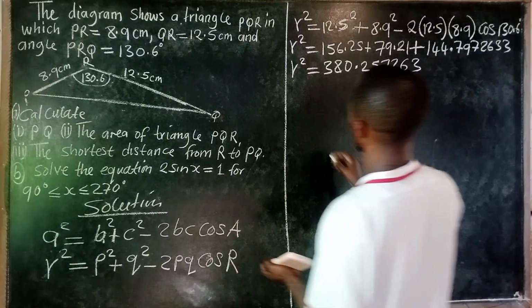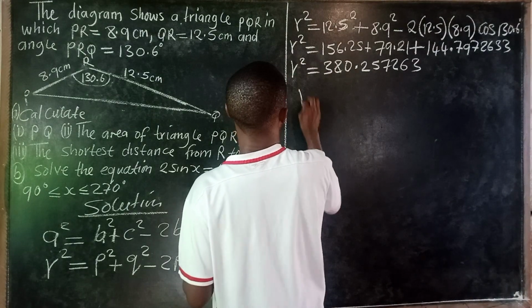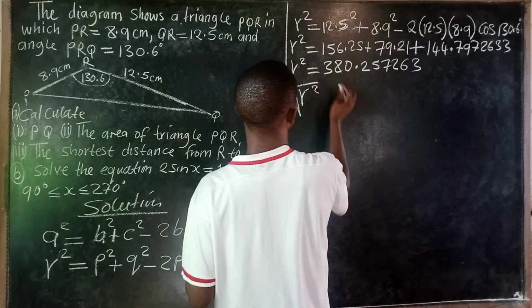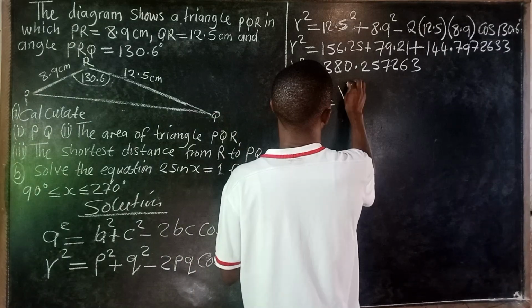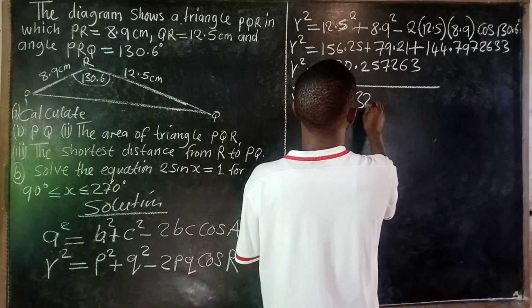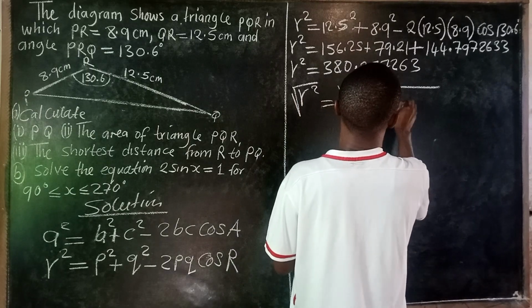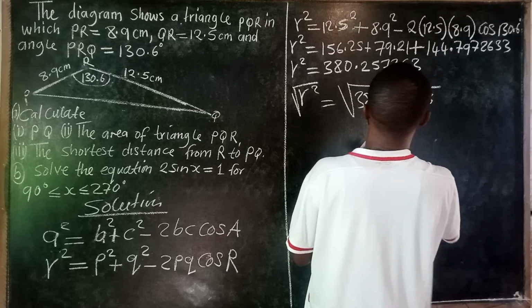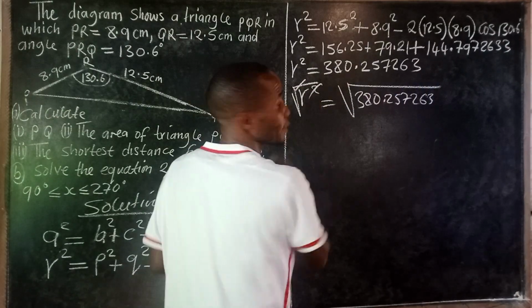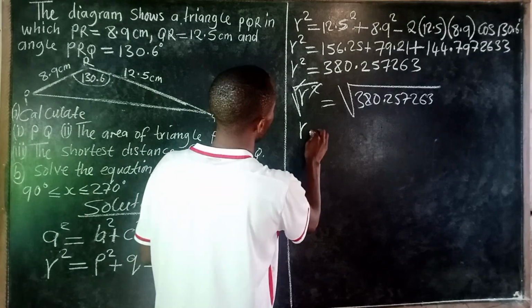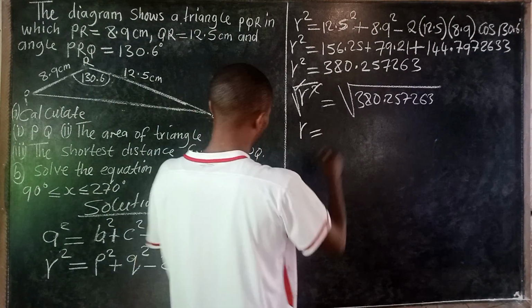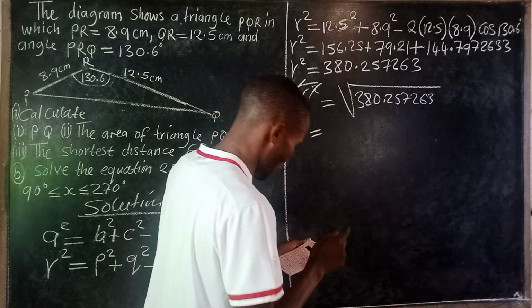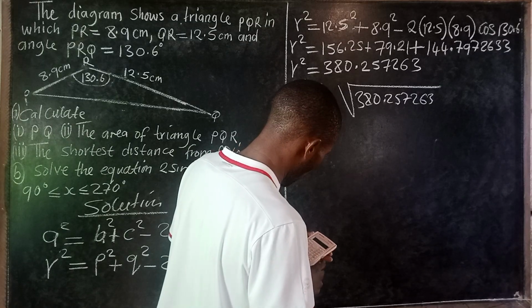So we introduce the square root on both sides. Then you are going to remain with R equals the square root of this value that we have.